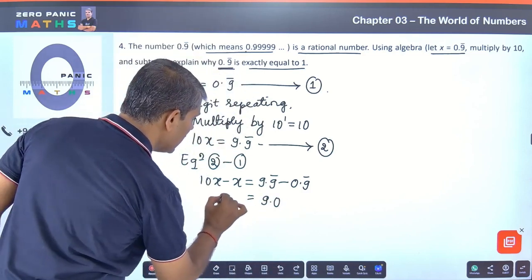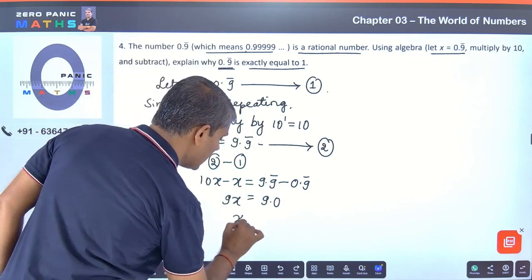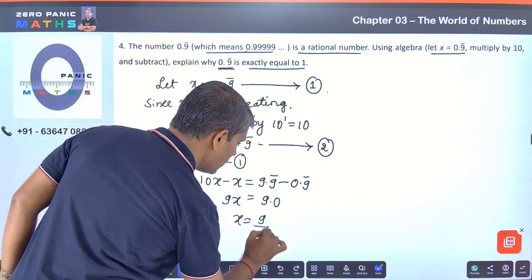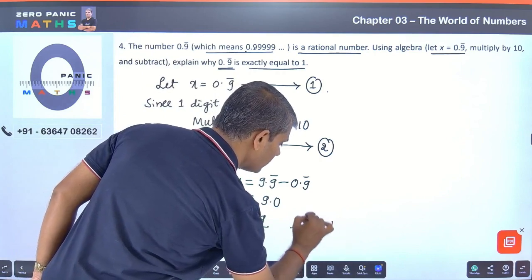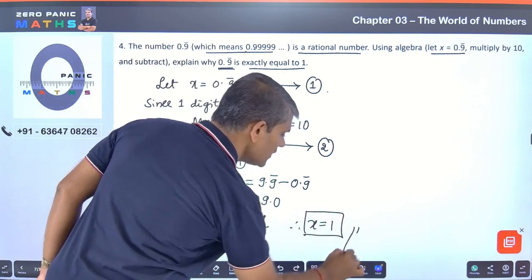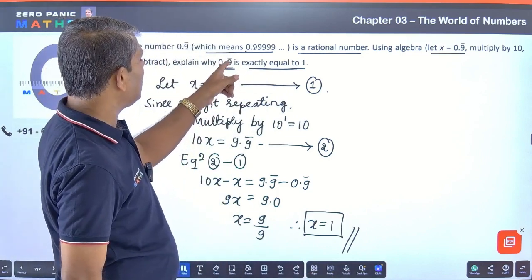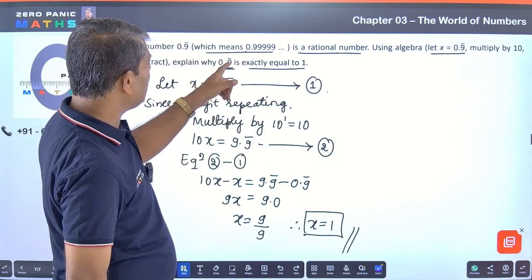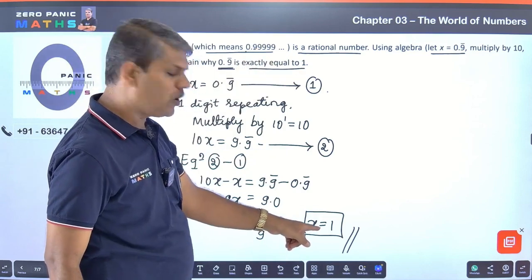On the left, 10x minus x gives me 9x, so x is equal to 9 divided by 9, and therefore x is equal to 1. And this is the proof that 0.9 bar, or 0.99999, is exactly equal to 1.